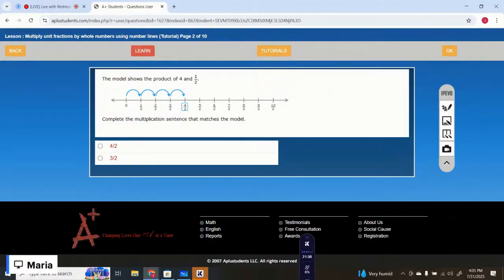The model shows the product of 4 and 1 by 2. So complete the multiplication sentence that match the model.